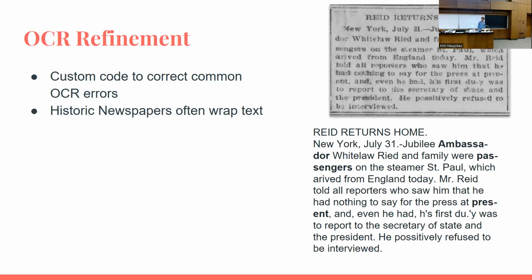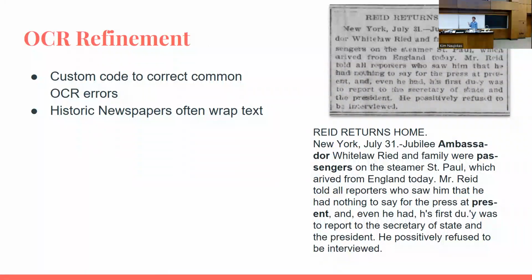Okay, so we've evaluated our model. It's time to kind of tune it and make it a bit more precise. And after you've read as many newspaper articles as we have, you tend to find that there are some common OCR errors that pop up. And they're not really OCR errors. It's more so just how these old newspapers are laid out.